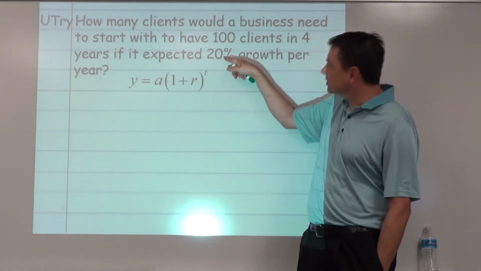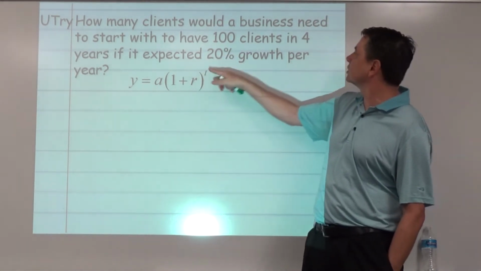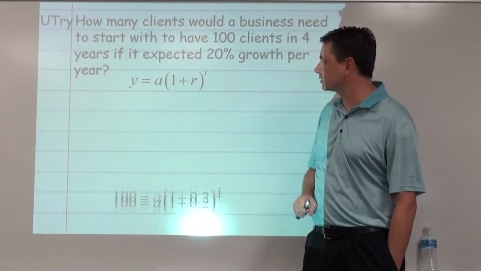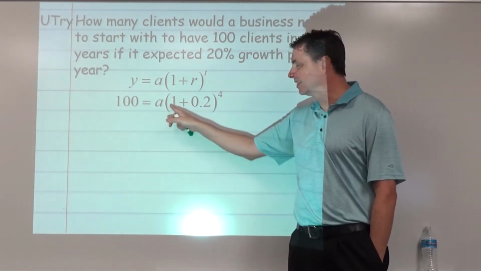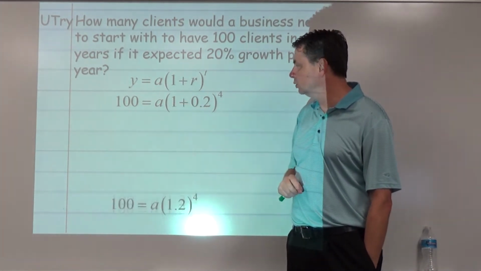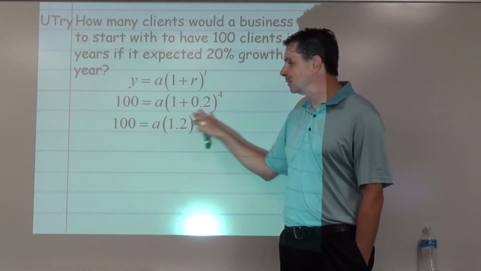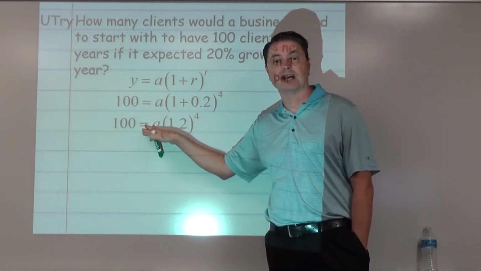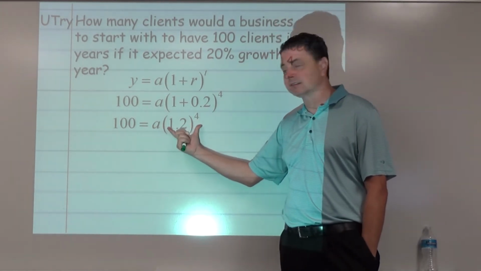Since it's 20%, if we slide the decimal over, that is 0.2, and our time frame is 4 years. So if we just simplify this part, hold off on the exponent, it's 1.2. Then this just happens to be a number, A times this. If we're trying to get A by itself, to undo the multiplication, we'll just divide by this.